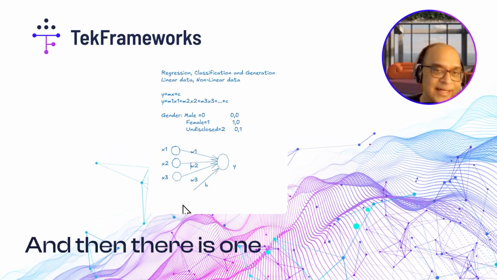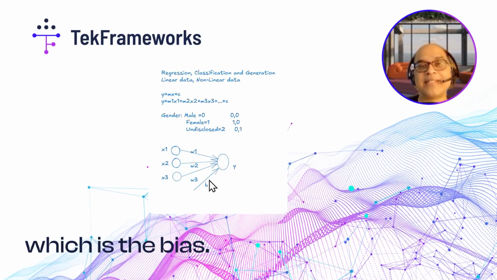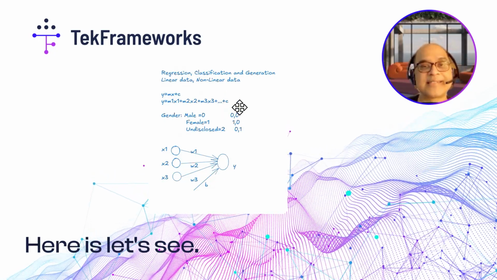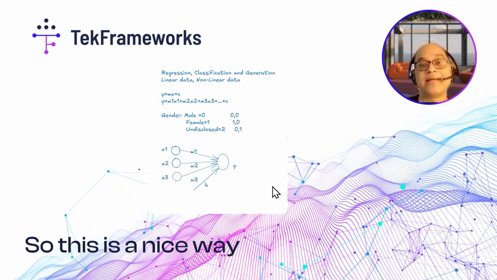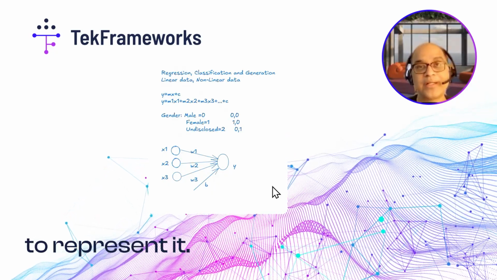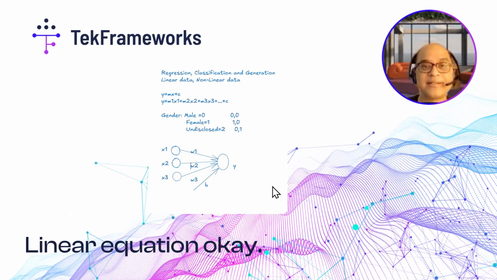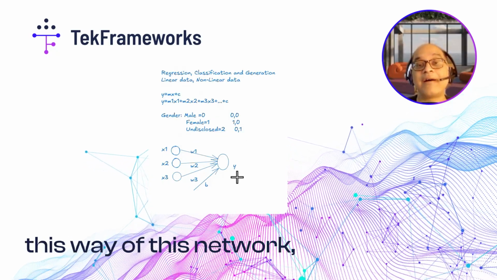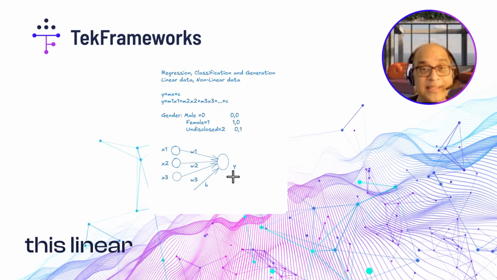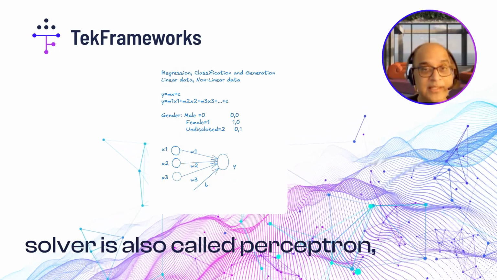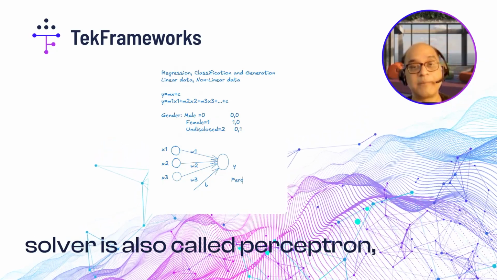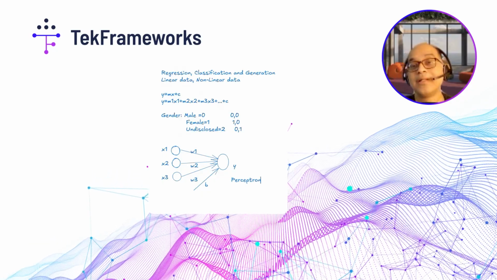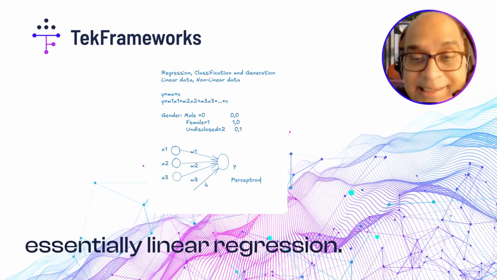And then there is one hanging connection, which is the bias, which here is the C. So this is a nice way to represent a linear equation. By the way, this linear problem solver is also called a perceptron. Essentially it is linear regression, what we saw.